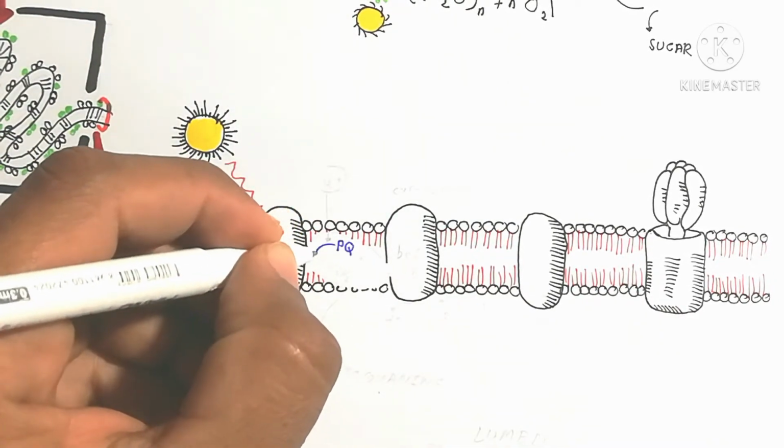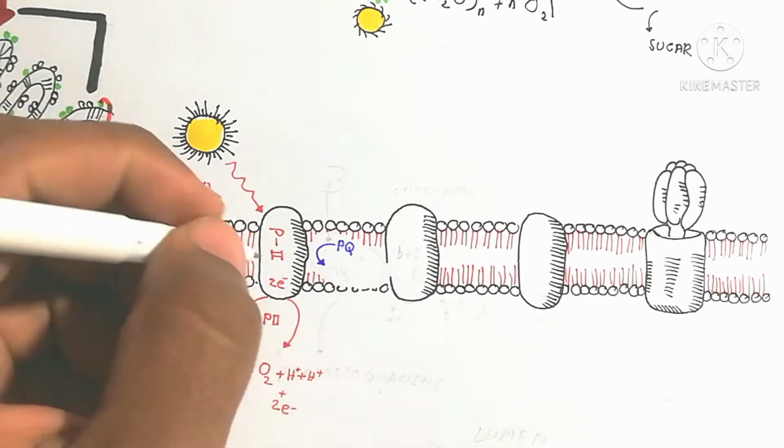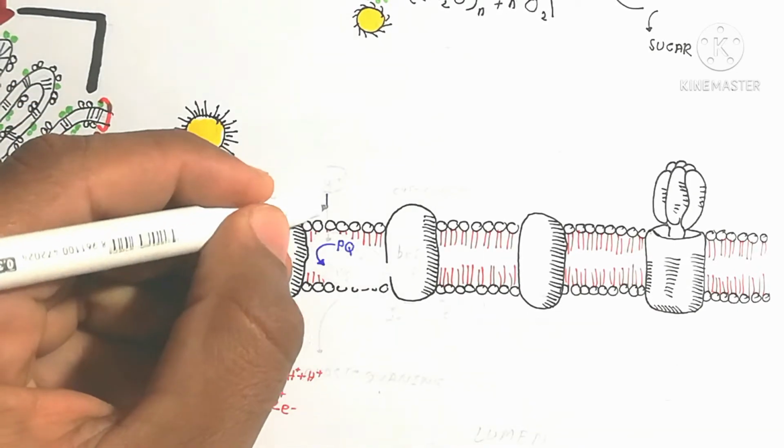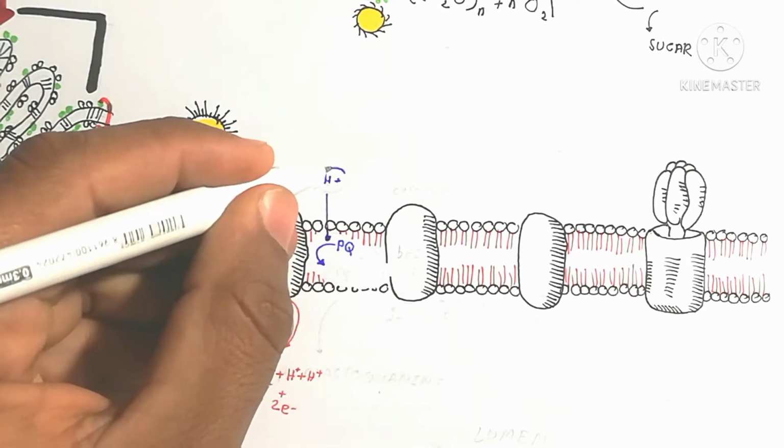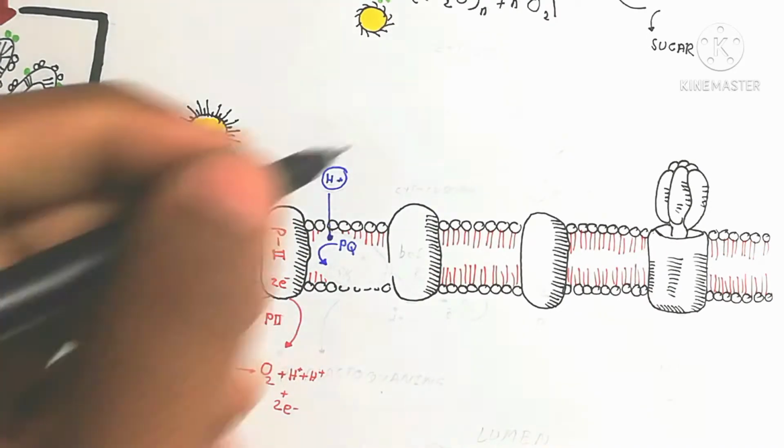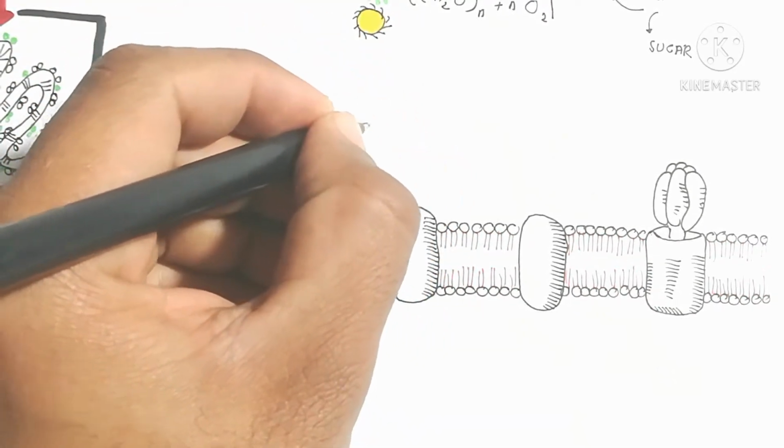One water molecule is converted into one half oxygen, two protons and two electrons.